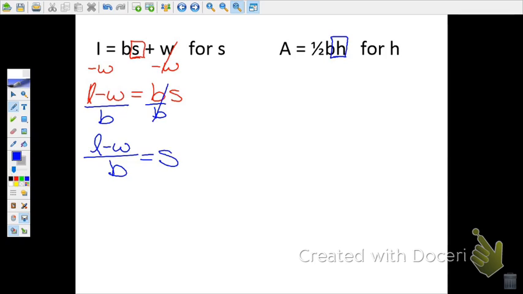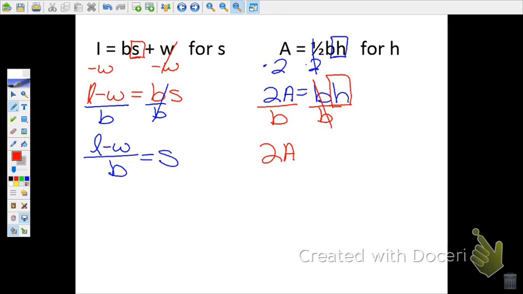So if I'm multiplying by 2, I get 2A equals B times H. I want the H by itself. So my last step, divide by B. I divide both sides by B. So 2A over B equals H.